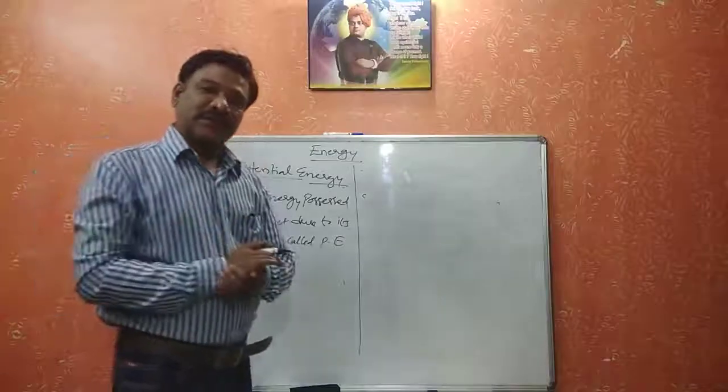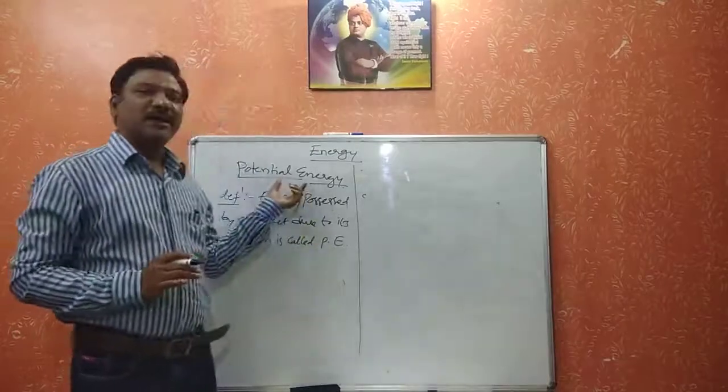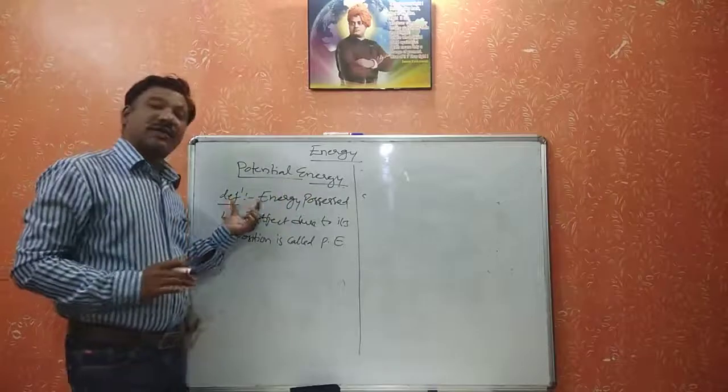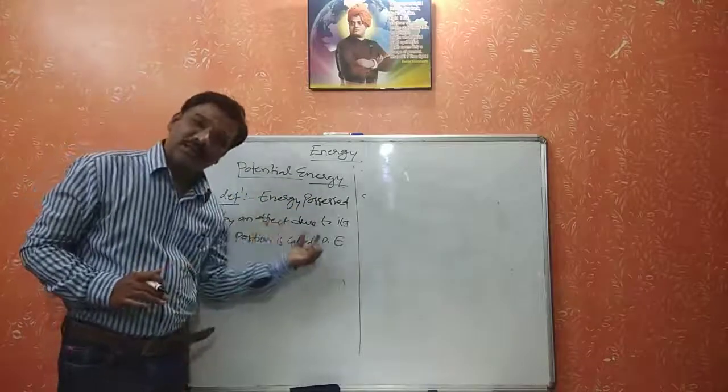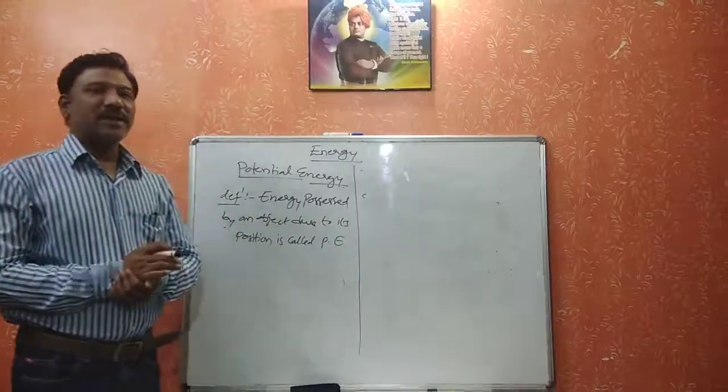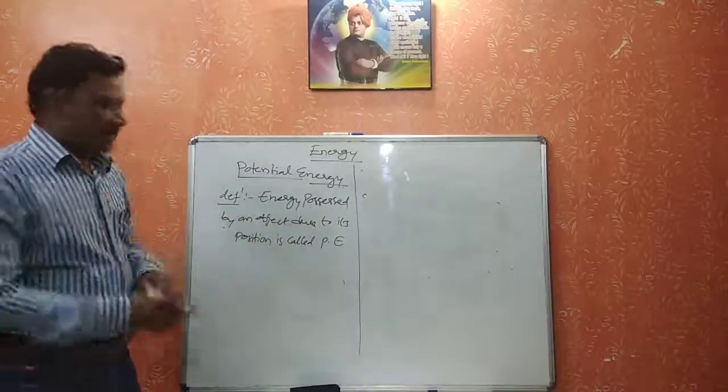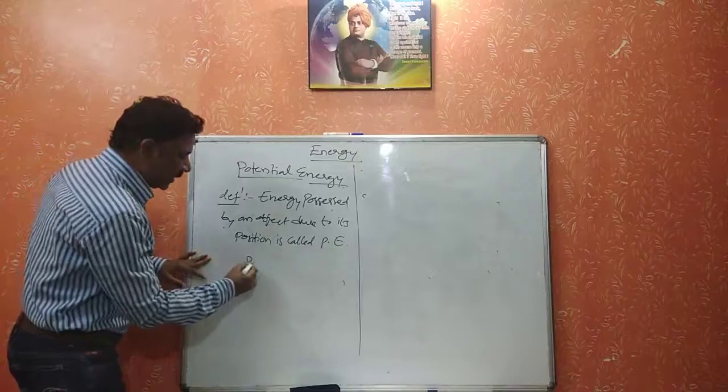Such type of energy is called potential energy. That is the reason we define it as the energy possessed by an object due to its position is called potential energy. It is denoted by the letter PE.